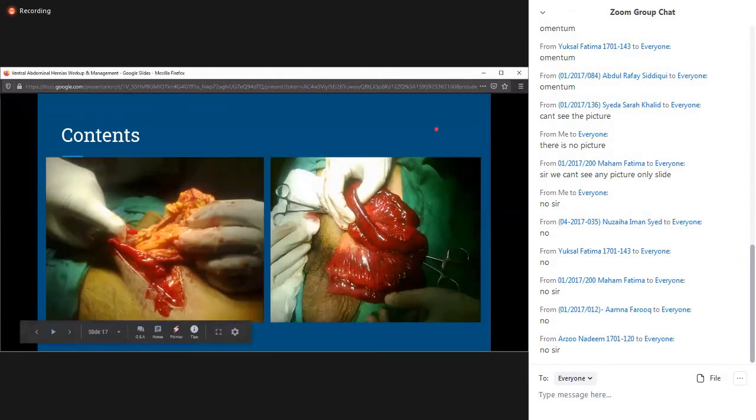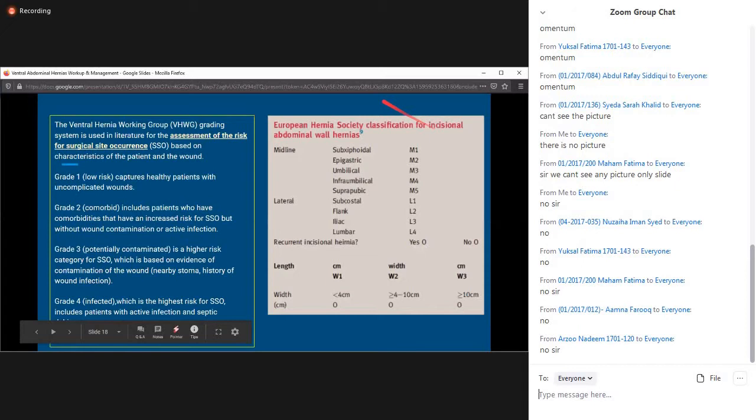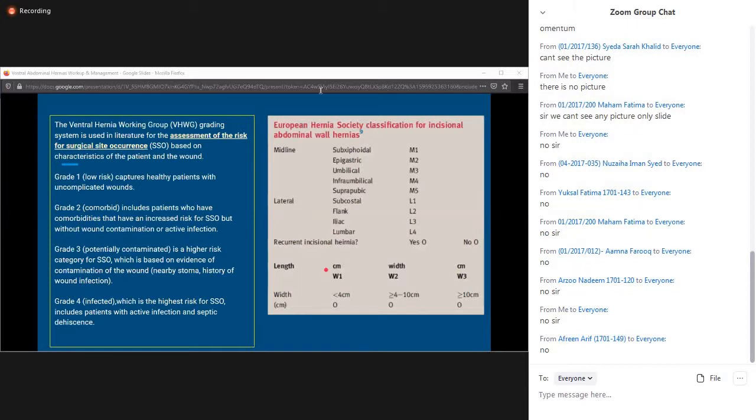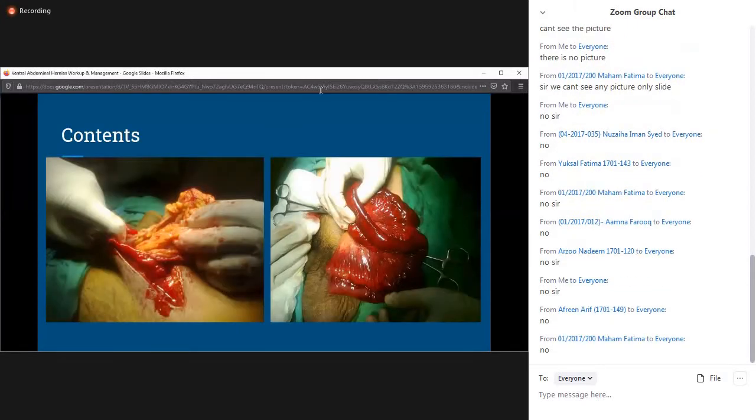Can you guys see it? Yeah. Can you see the picture now? You can click yes or no in your answers, and I'm just going to see it.